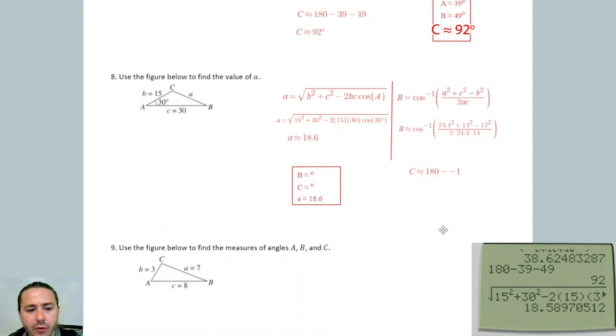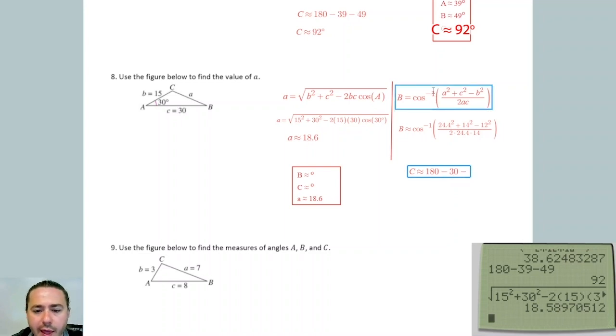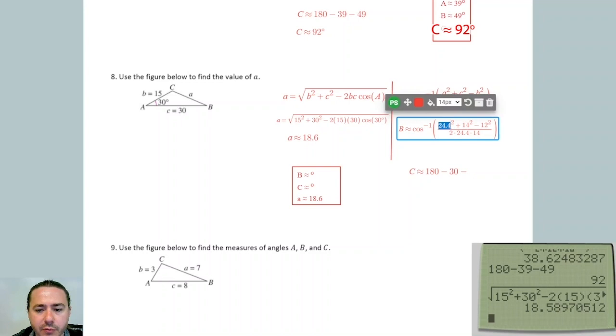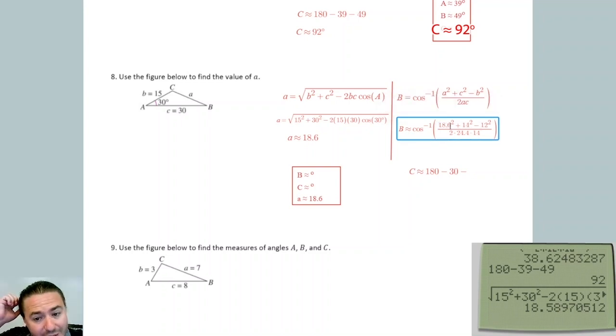Okay, so now we need to find the secondary angle, angle B. And so we've already got the setup here. We're just going to plug in the correct values. Now with this 18.6, like we did in the very first problem, I'm going to use the store function. I'm not going to type in 18.6 because I don't want too much of a rounding error. I want to minimize the amount of error that I can.